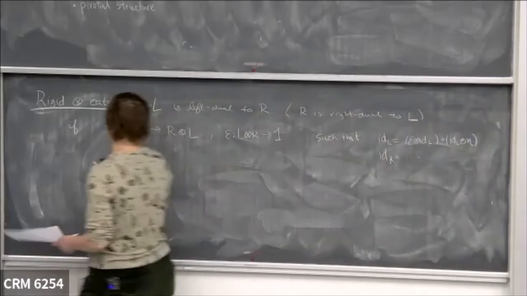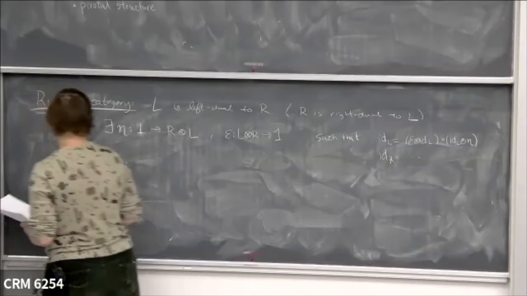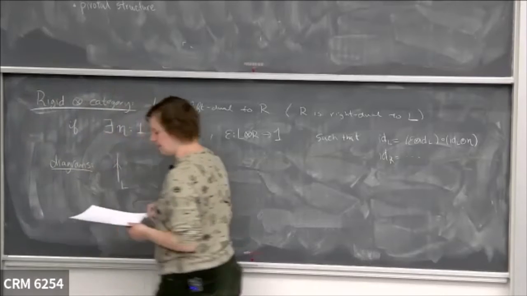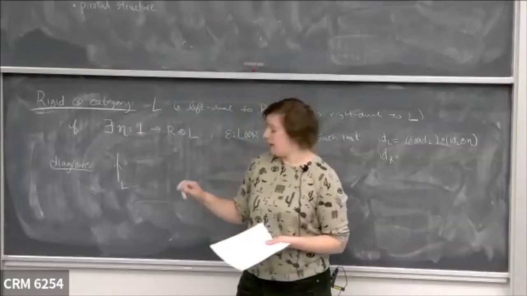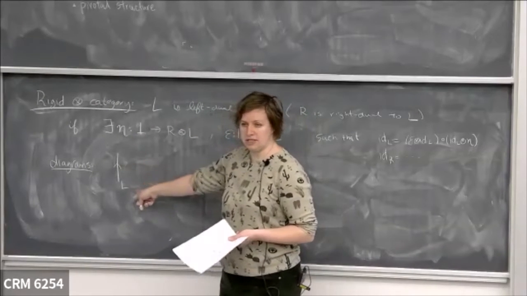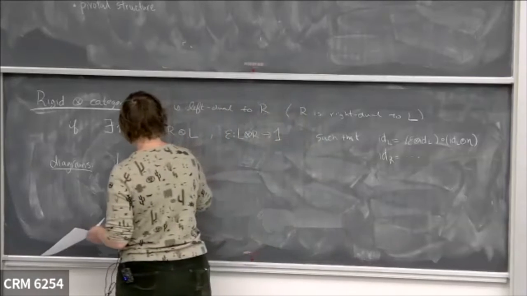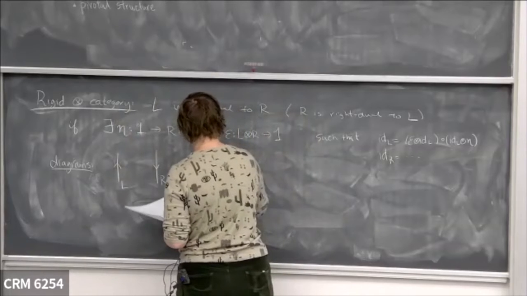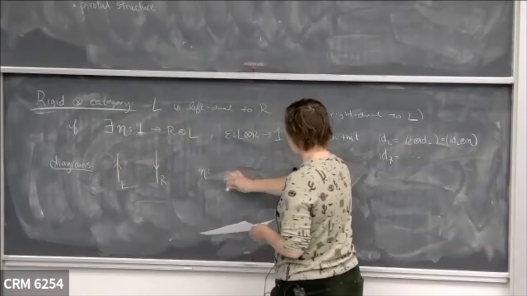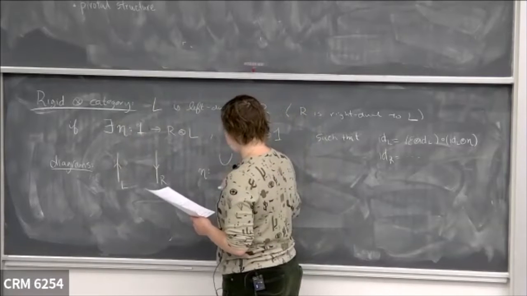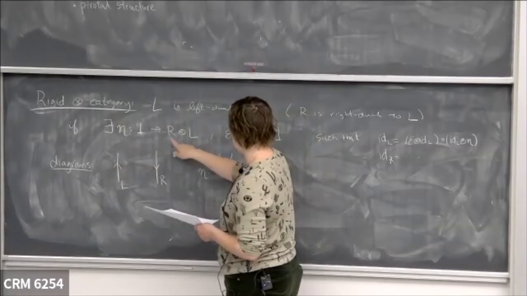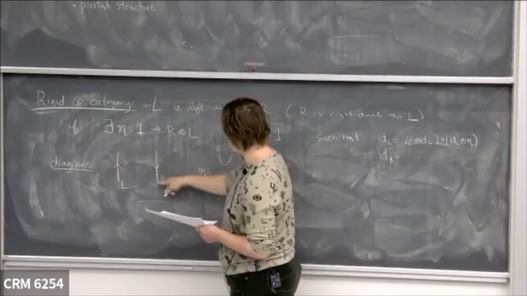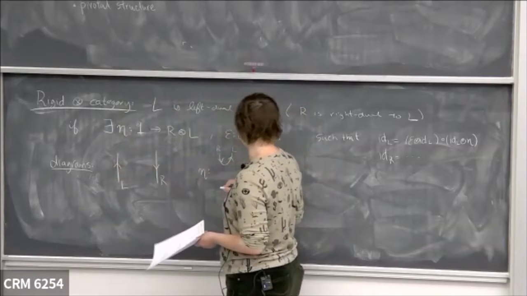Okay. So as diagrams, we're going to add to the pictures we were drawing yesterday an orientation on our strands. So we have a strand with an up arrow. Our convention is that it will be labeled by L. A strand with a down arrow will be labeled by R. And eta goes from the unit, the empty diagram, to R tensor L. So here's R, here's L, and R is labeled with a down, and L is labeled with an up.